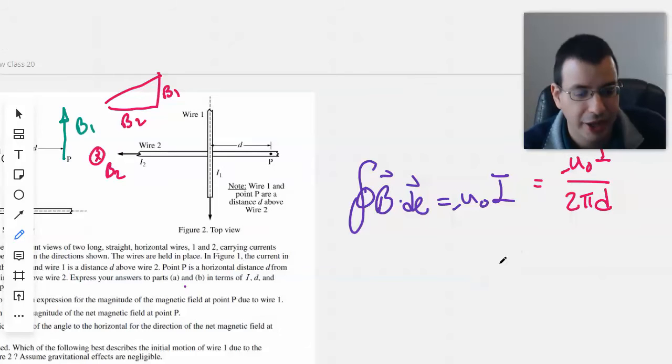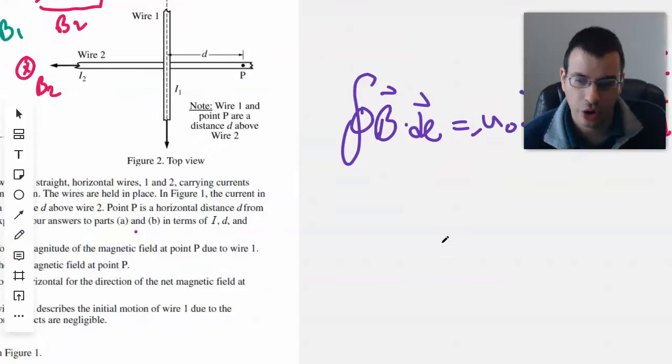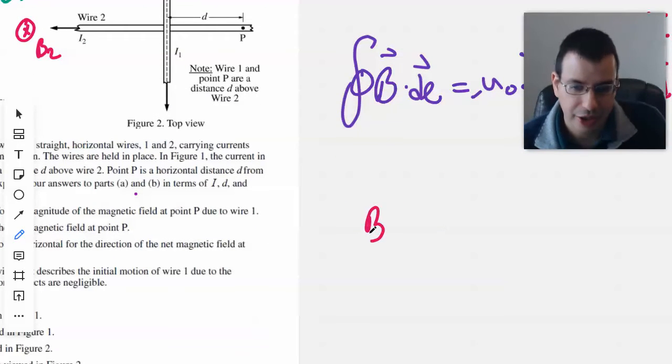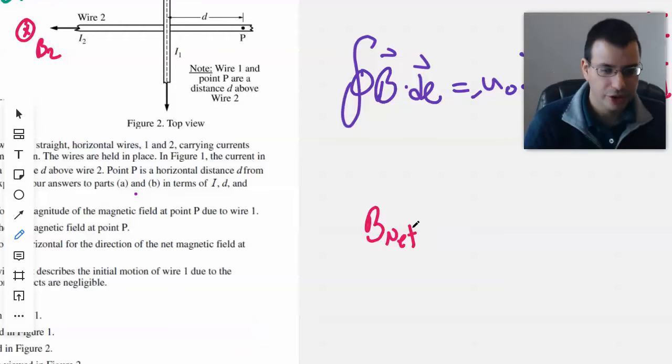Okay, so then one expression for it. So we got mu naught I over 2 pi D. We're going to have to do the Pythagorean theorem.